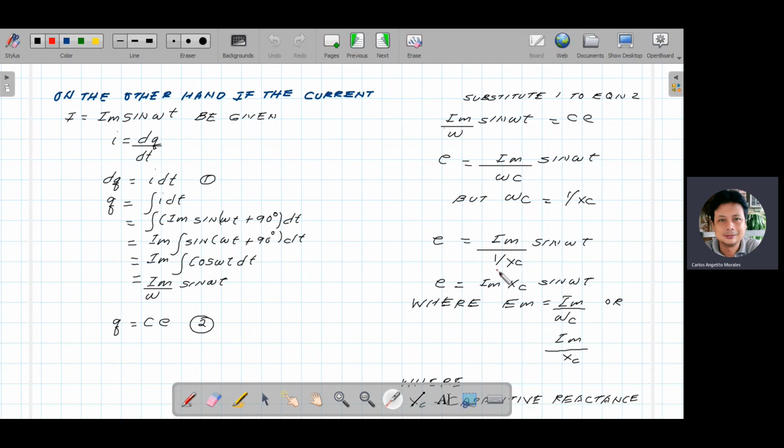E maximum is I maximum over 1 over X sub C. So sine omega t, and E is I maximum times the capacitive reactance sine omega t, where E maximum is equal to I maximum divided by the angular frequency times the capacitance, or I maximum over X sub C.